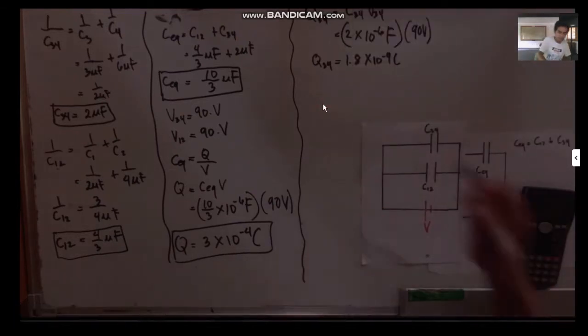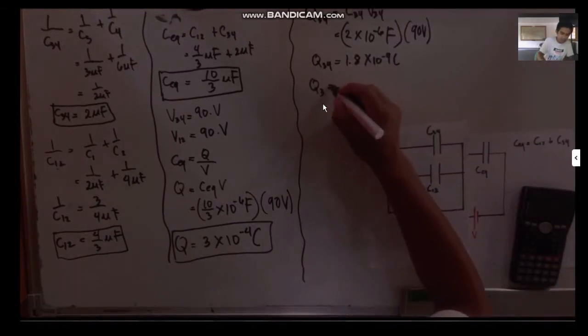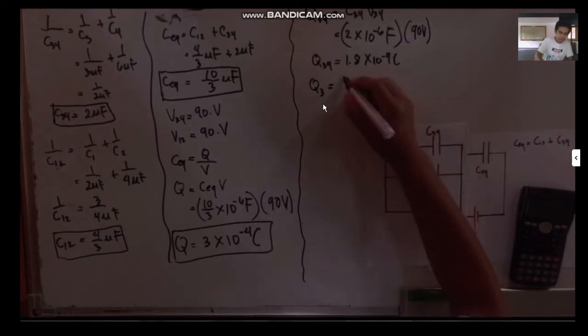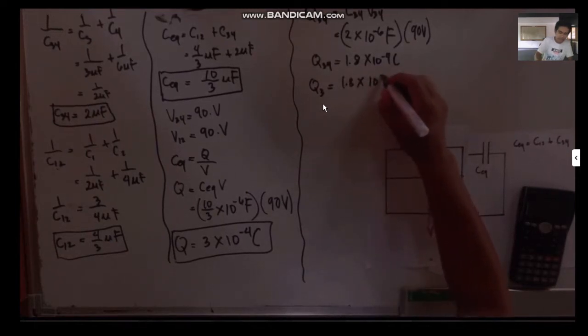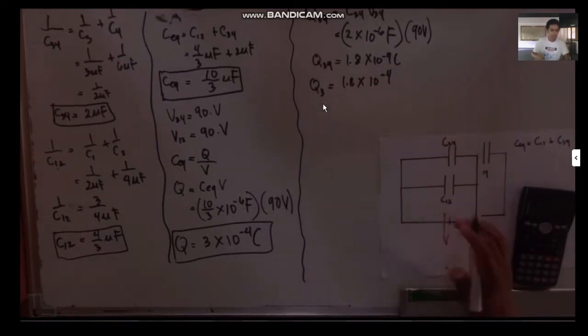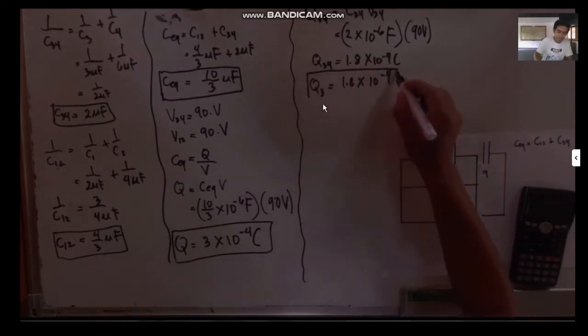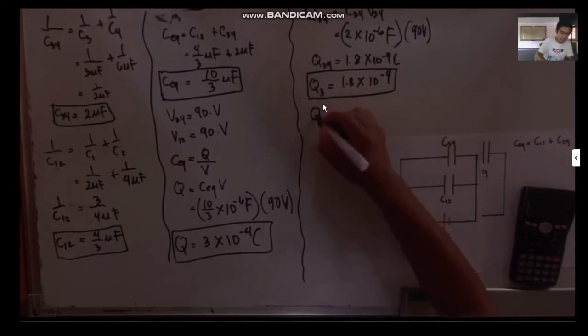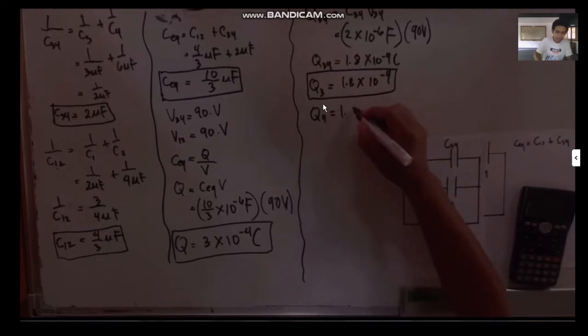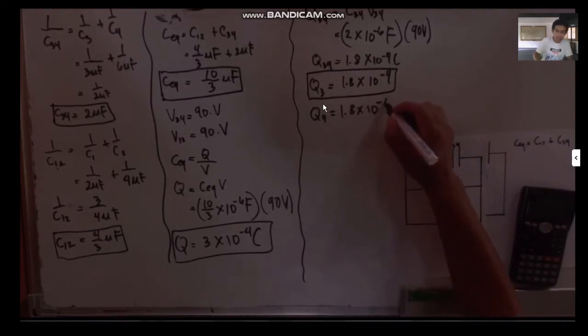So meaning Q3 equals 1.8 times 10 to the negative 4 coulomb. Okay, Q4. Then Q4 is also equal to 1.8 times 10 to the negative 4 coulomb.